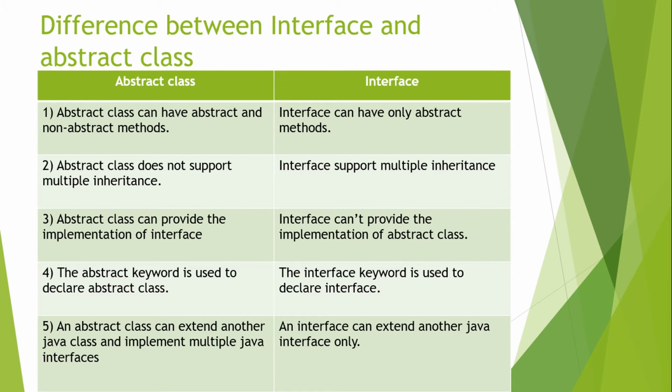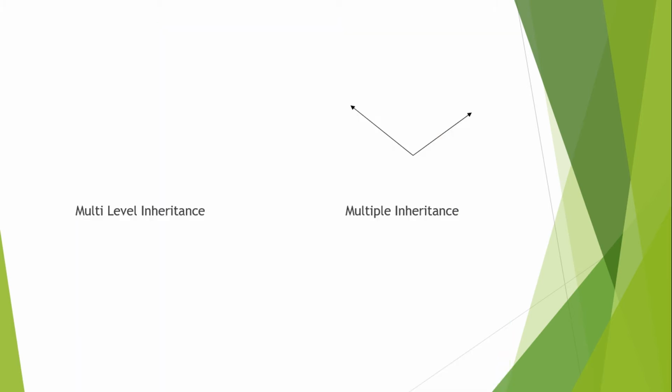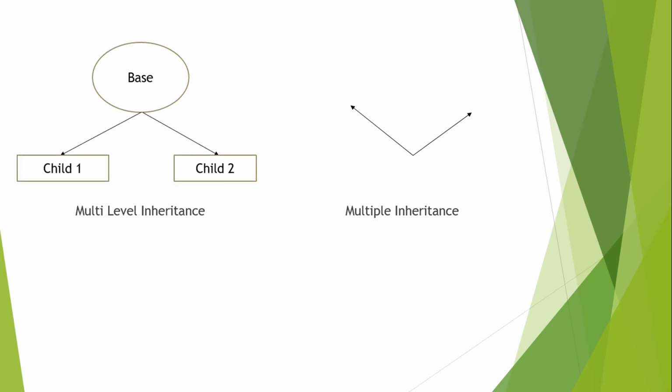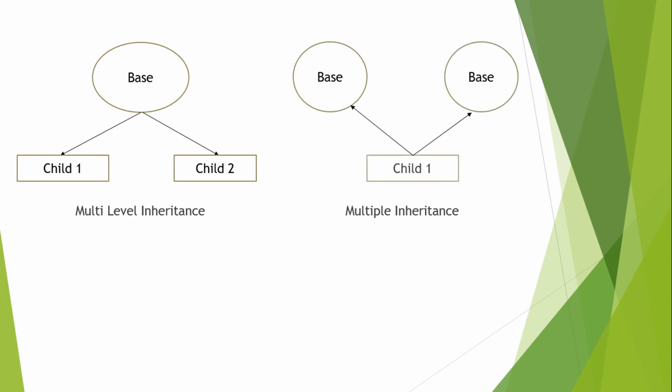Now let us see how we can implement an interface and what is the actual advantage of an interface in our Java program. We all know that we have multi-level inheritance and multiple inheritance. What is actually supported by Java is multi-level inheritance, where one base class can be inherited by two child classes. It means one father can have two children.